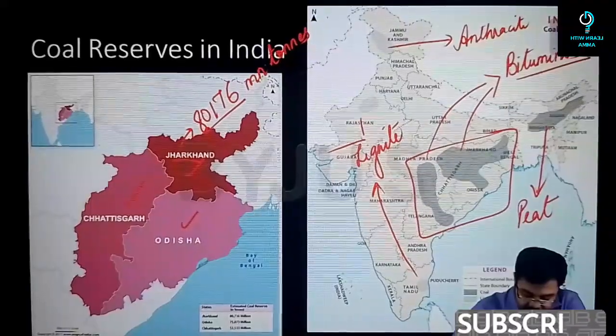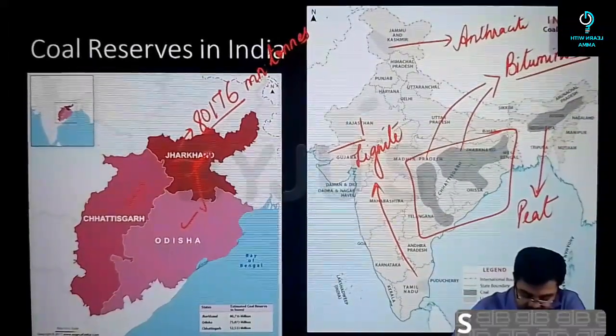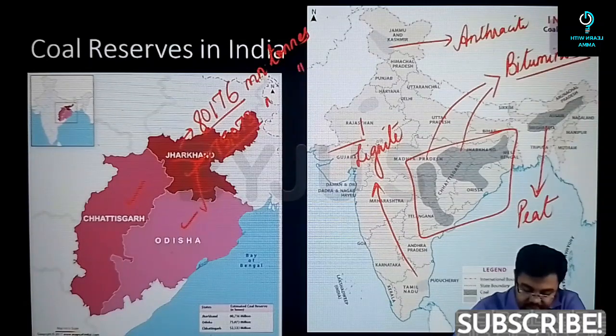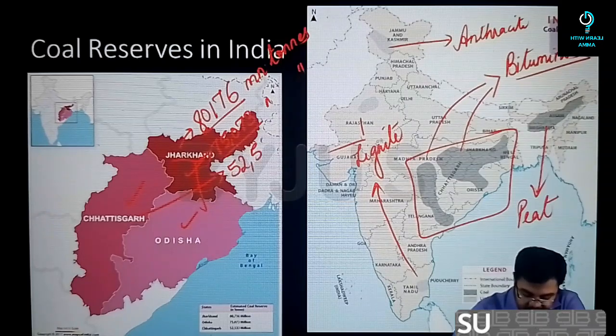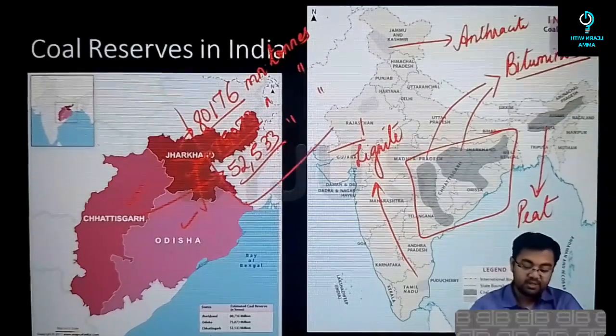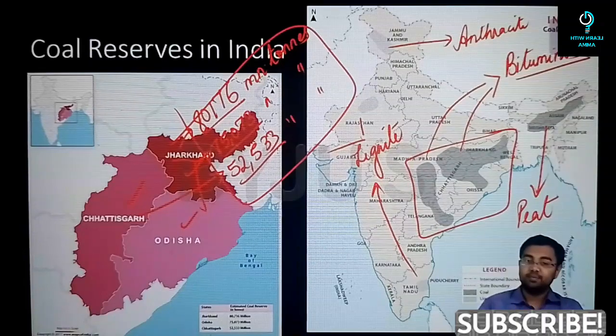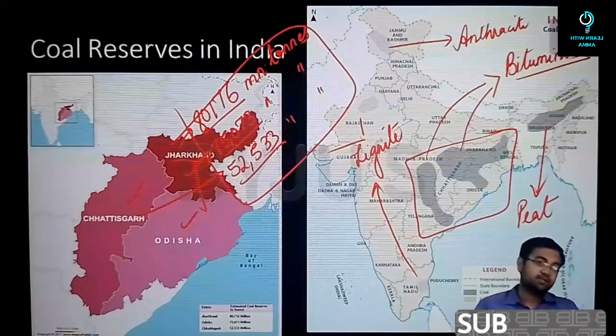Then that is followed by Odisha, which has 75,073 million tons of coal, and then that is followed by Chhattisgarh, which has 52,533 million tons of coal. So these three are the top three states when it comes to the amount of coal production that can happen, or the amount of coal reserves that they have.